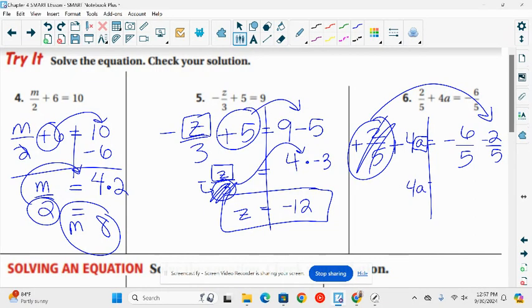So you have 4a equals negative 8/5. And then to move the 4, what did you have to do? Negative 8 fifths divided by 4. So a ends up equaling. That one's a little trickier because there were a few more things you had to pay attention to.